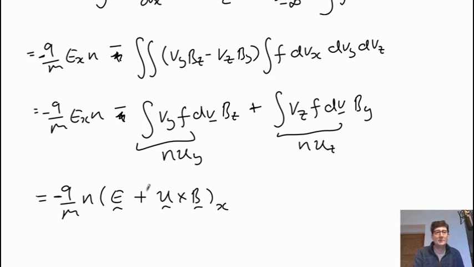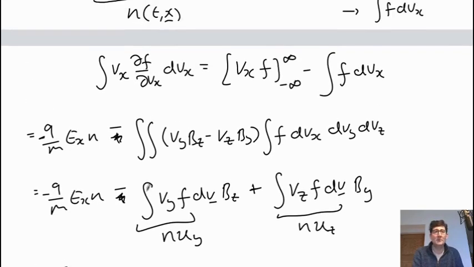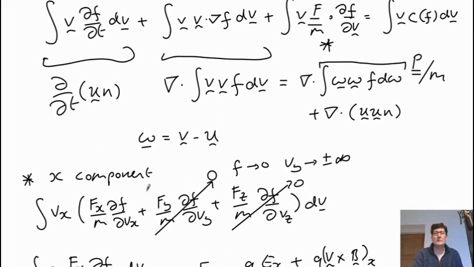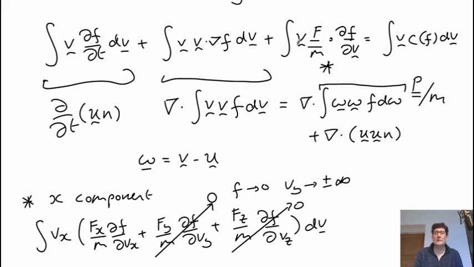Going back to where we started, we were trying to find out what this term looks like, and it ends up looking actually quite simple: we just end up with the Lorentz force, except with the particle velocity v replaced with the fluid velocity u.